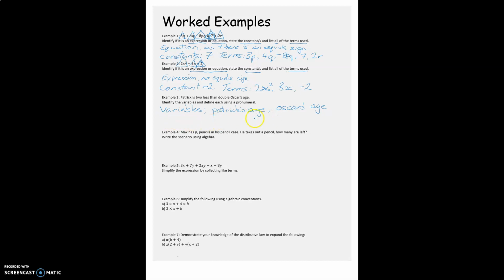So looking at these two, we have two names, Patrick and Oscar. So I'll just underline Patrick and Oscar. It would be easy for us to identify each age based on the first letter of their first name.